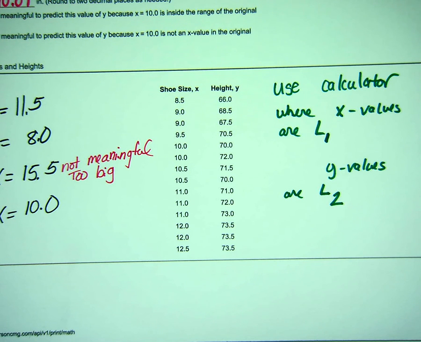Looks like I made a mistake somewhere. So let me figure out what I did incorrect. So 8.5, 9, 9, 9.5, 10, 10. Wait a minute, wait a minute. 10, 10, 10.5, 10.5.